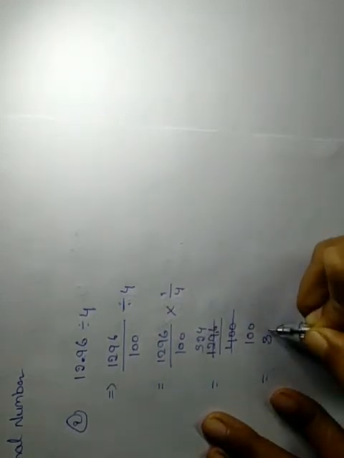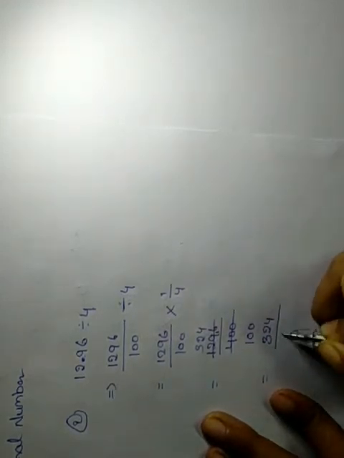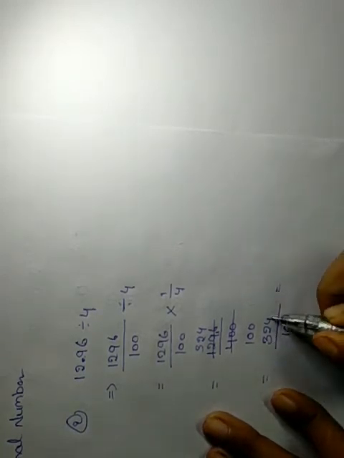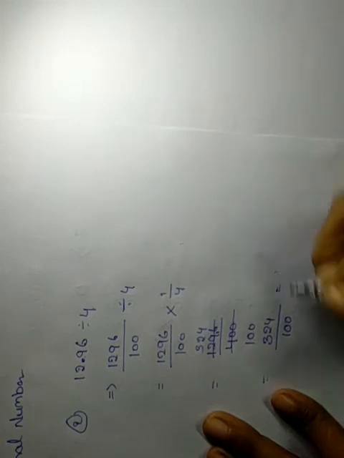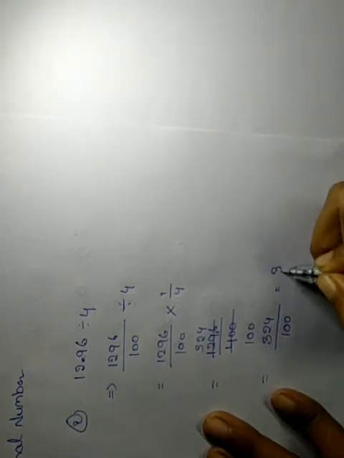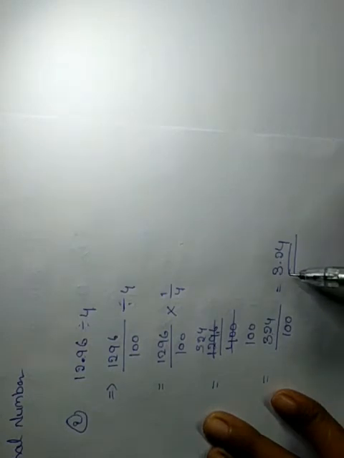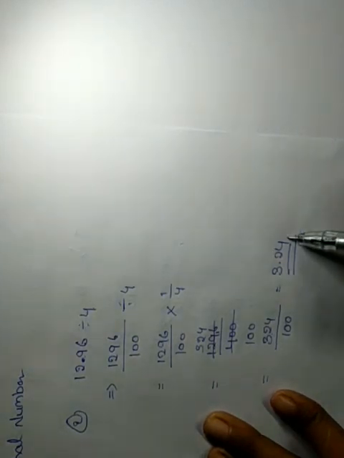Here we got 324 divided by 100, right? So we have to give the decimal point after 2 digits. 3.24 is the answer. When we divide 12.96 by 4, we'll get the answer as 3.24, right?